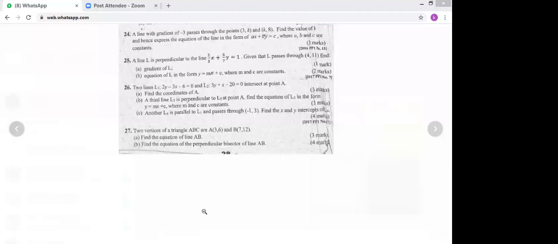So I substituted y with 0, and I found 0 is equal to 2x over 3 minus 2 over 3. I took minus 2 over 3 to the other side. I found 2x over 3 is equal to 2 over 3, and I multiplied both sides by 3 over 2 so that I can find the value of x, and I found the x-intercept is 1, 0. So the coordinates of R are 1, 0.